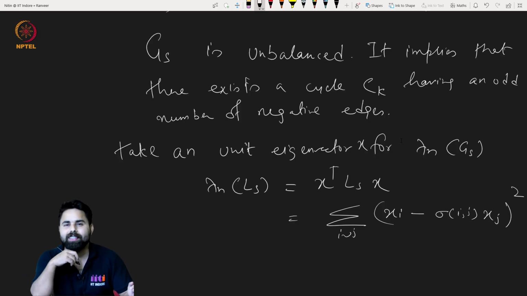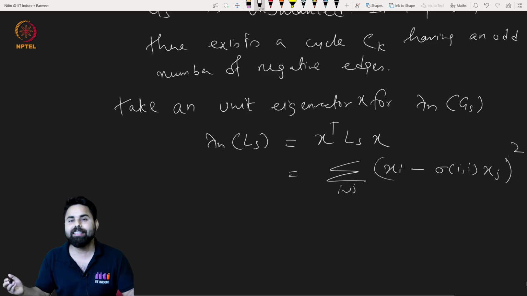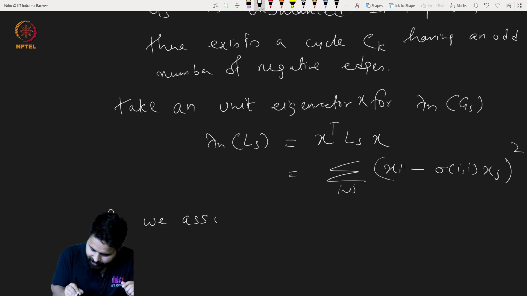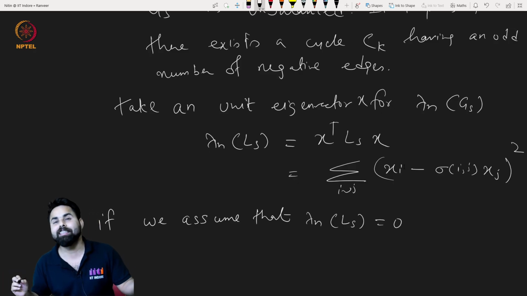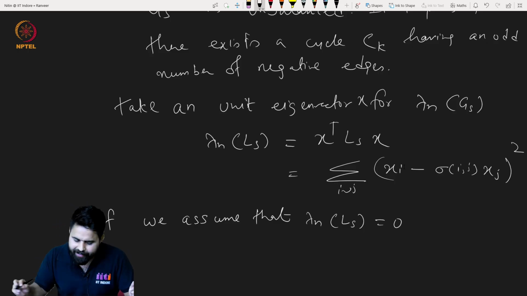Now, suppose you assume that lambda n of LS is 0, basically that this is a singular matrix. We will try to reach some contradiction. In that case, what will happen?